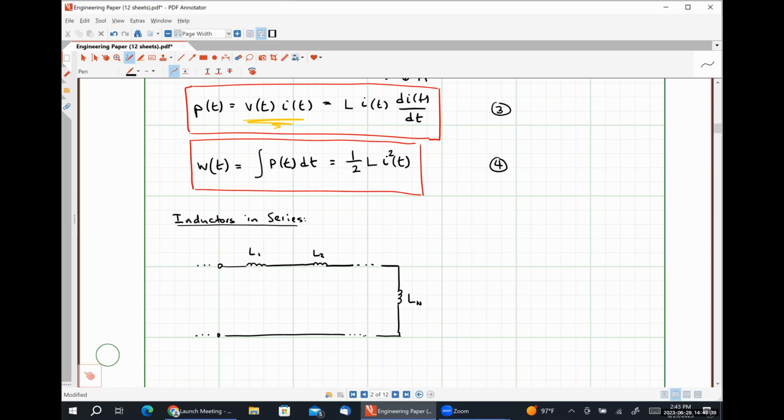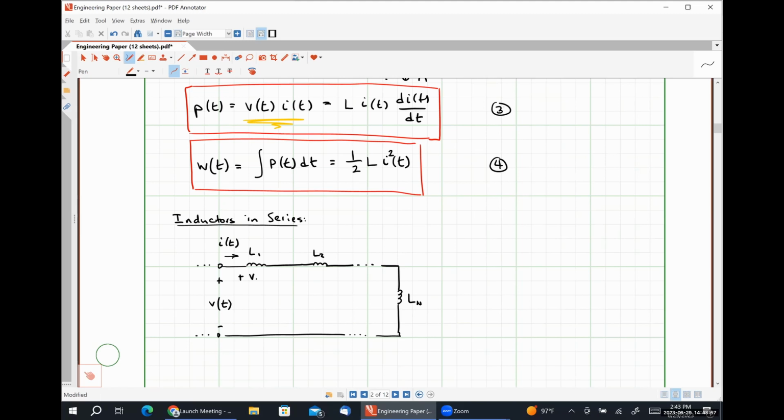Because all of these inductors are connected in series, they should all have the same current flowing through them, some I of t, and they should have some total voltage drop across them, V of t.